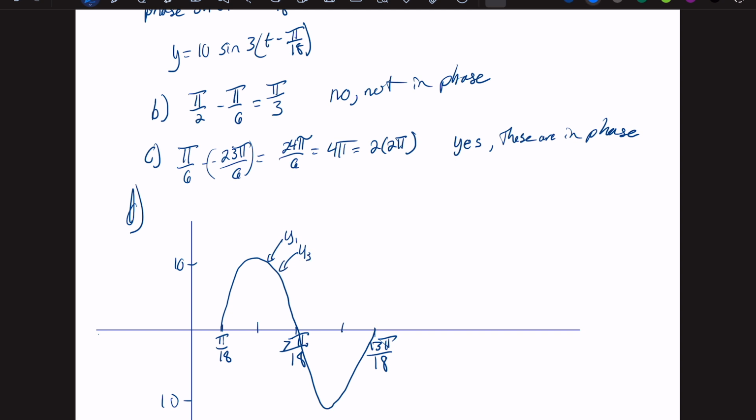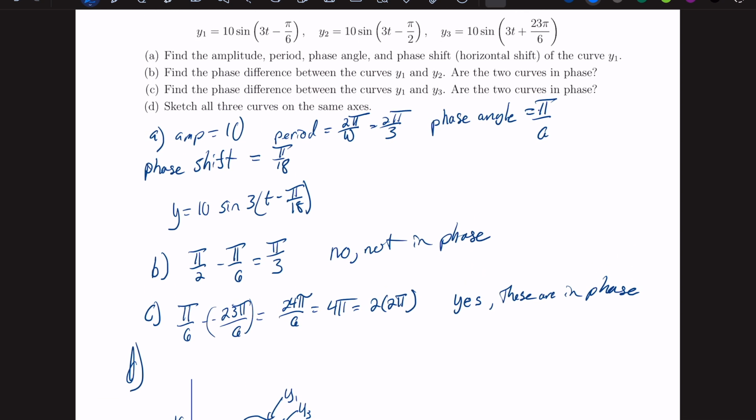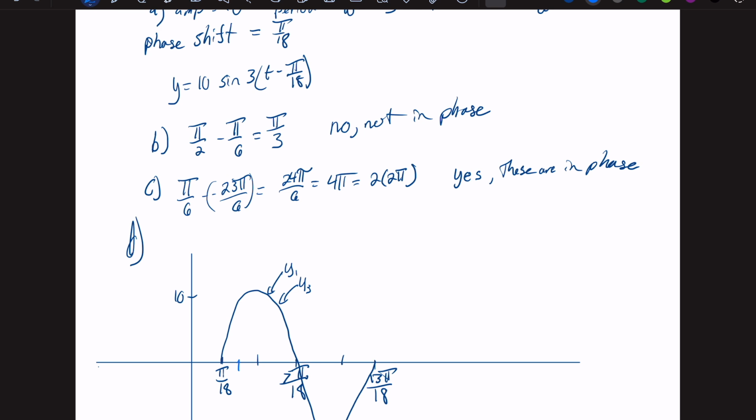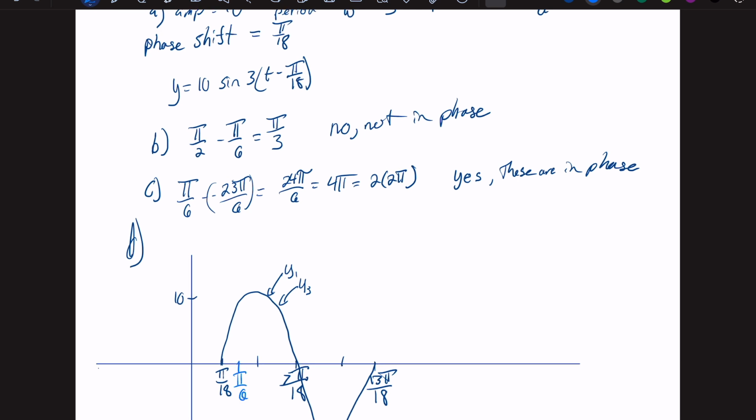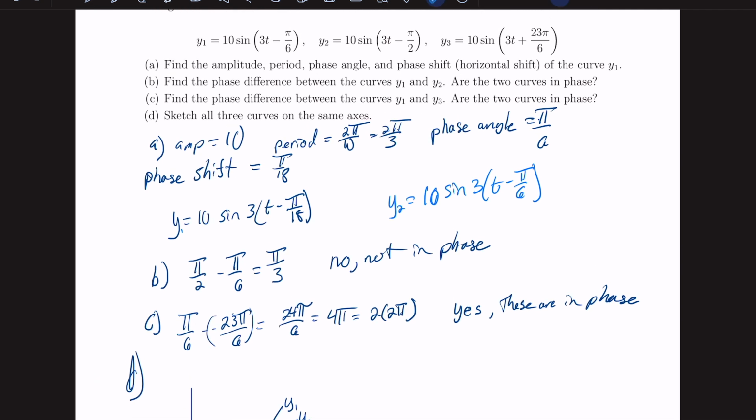But let's do y2. y2, pi over 2. If I divide pi over 2 by 3, I get pi over 6. In fact, let me write y2 here. This would be 10 times sine of 3 t minus pi over 6 if I rewrite this by pulling out this 3.